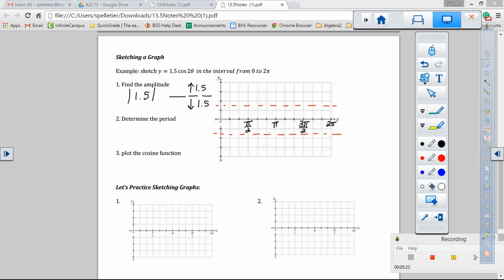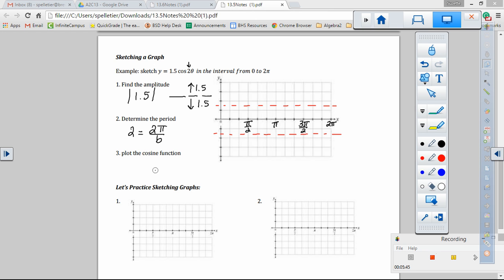We're going to determine the period now, so we're going to look at our function, and we're going to see that this is b, so the period, 2, equals, and then the equation for the period is 2 pi over b. Okay, so that's where we're going to go ahead and figure out what b is.